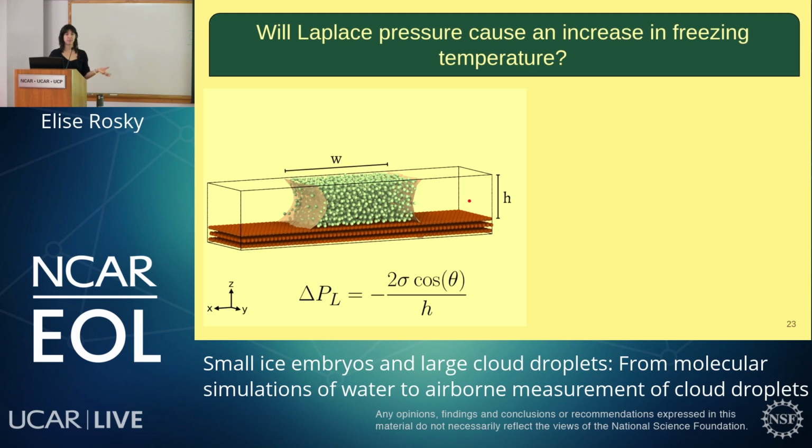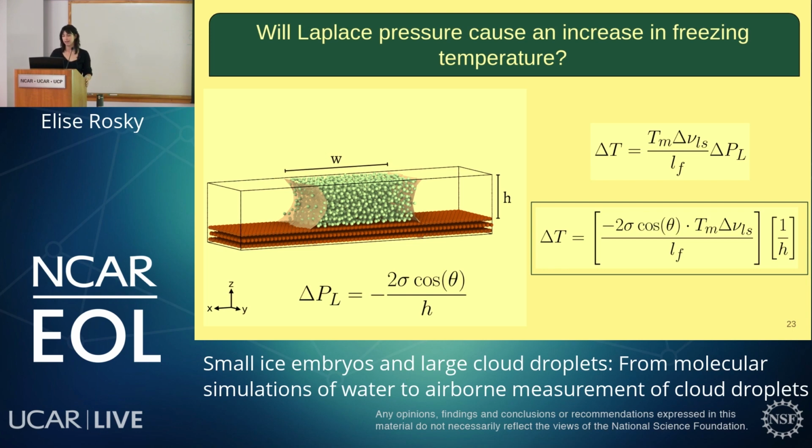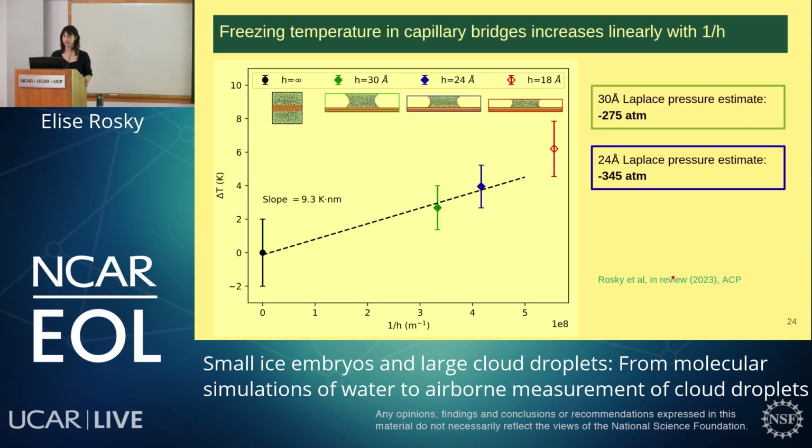So we put this expected Laplace pressure into our expression, and this tells us that the freezing temperature in this capillary should increase linearly with 1 over the capillary height, as all of these variables are constants. So this did turn out to be the case for different capillary heights.